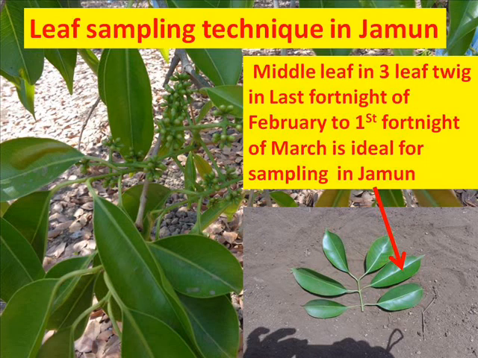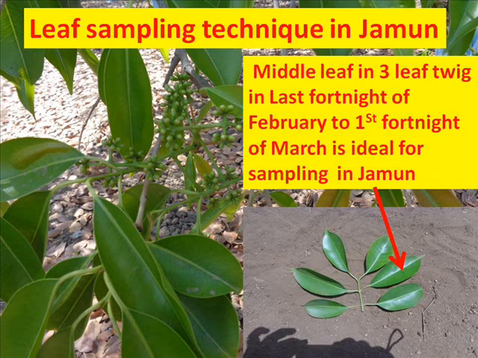Some trees show more 2-leaf twigs, in others the 3-leaf stage is prominent. After observing all these twigs, we decided the 3-leaf stage, with the middle pair of the 3 pairs, is most optimum, and we may get correct results.